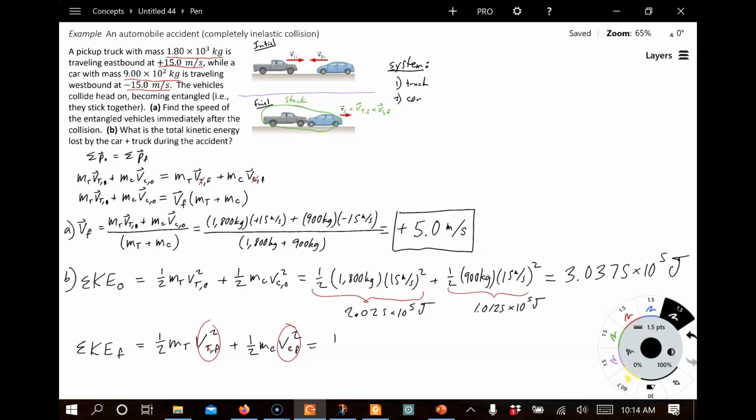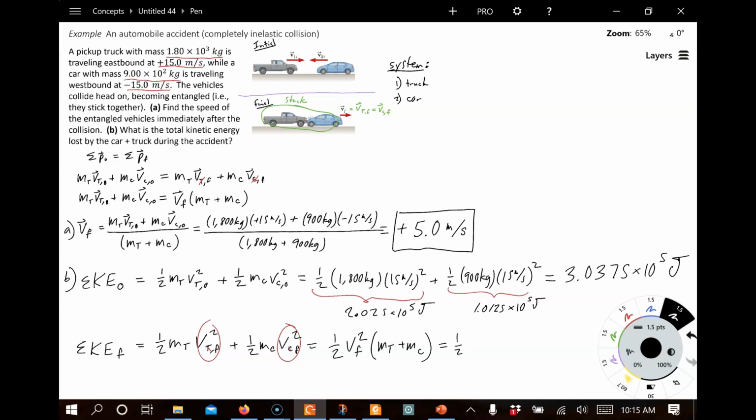So we have a 1/2, which is common, and we have the speed term, which is common to both, right? And then I'm factoring that out, and I'm left with the mass of the truck plus the mass of the car, and I need to just plug those numbers in and calculate, right?